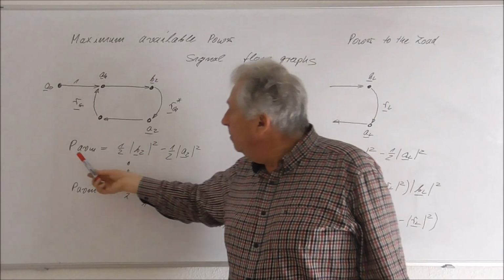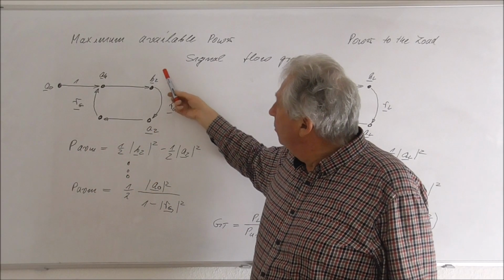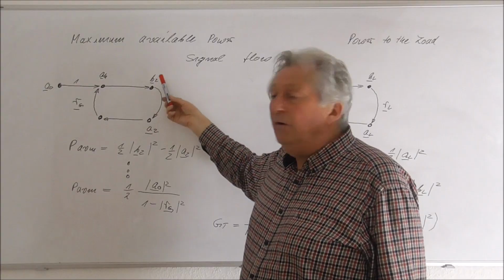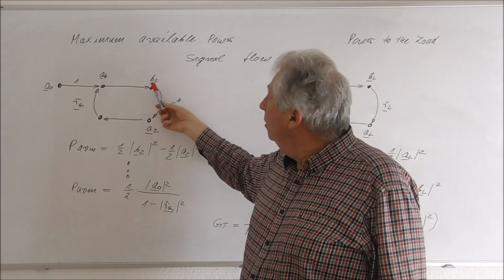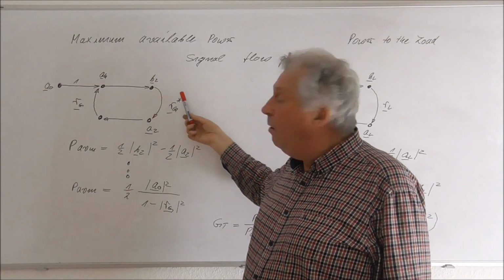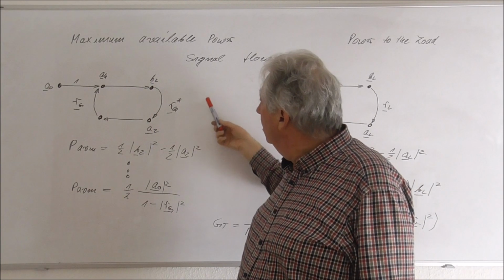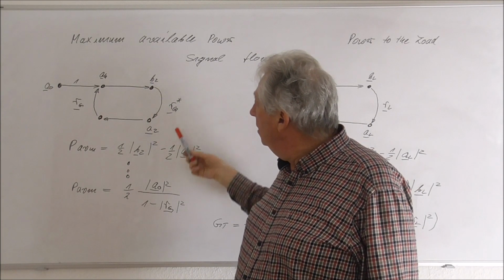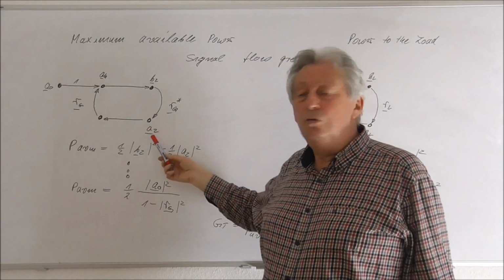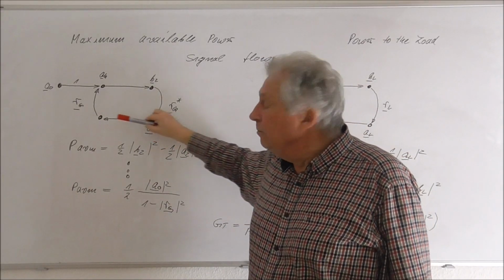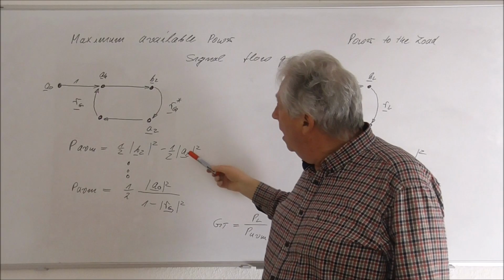To calculate the maximum available power, the wave amplitude B2 will transport a certain power into our termination, and the wave amplitude A2 will transport a certain power out of the termination.